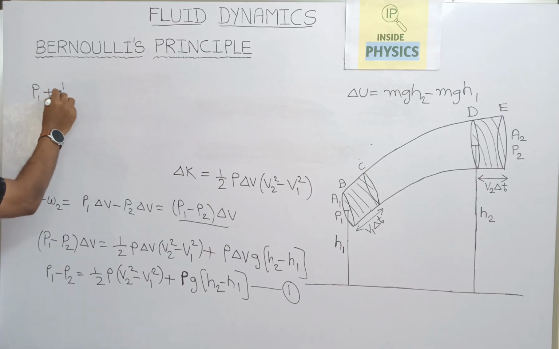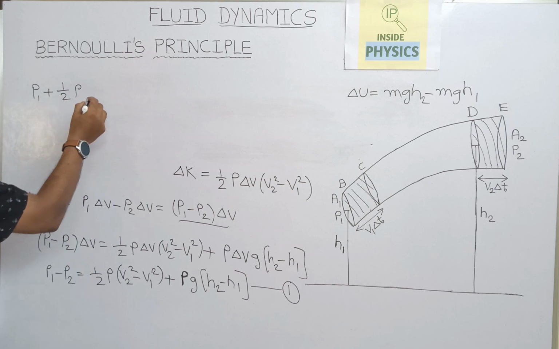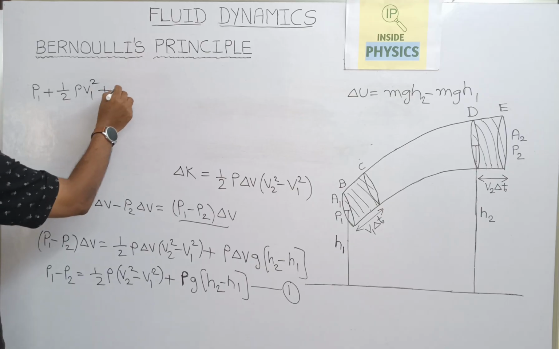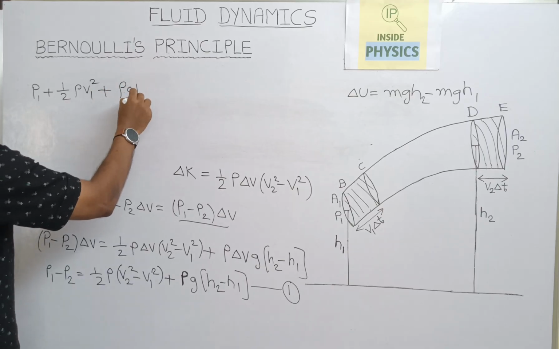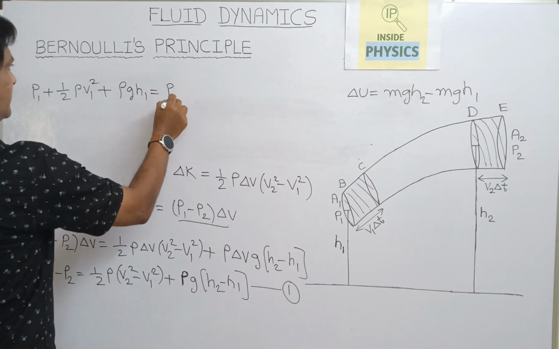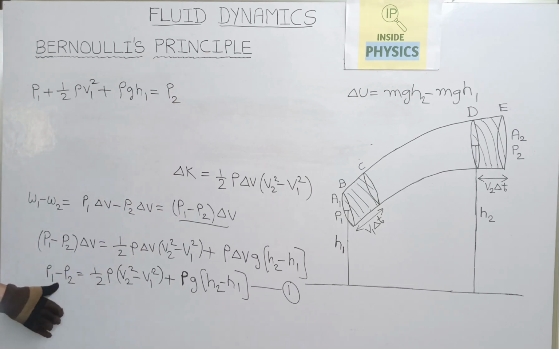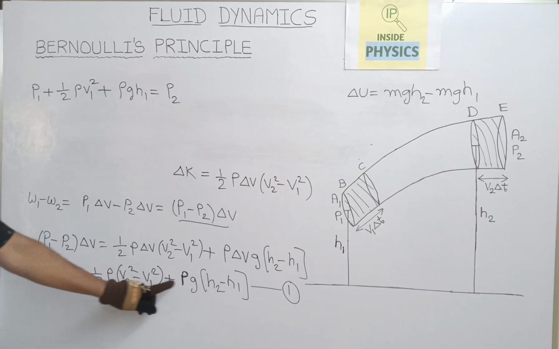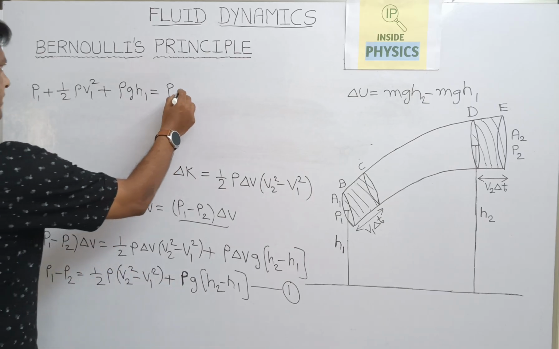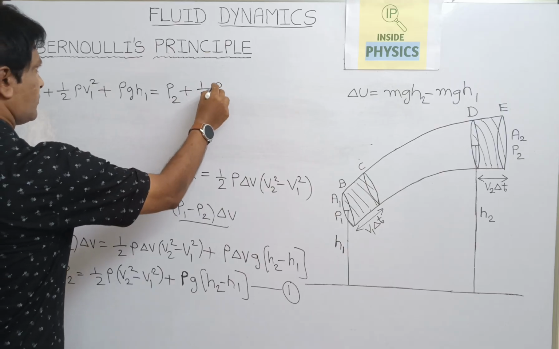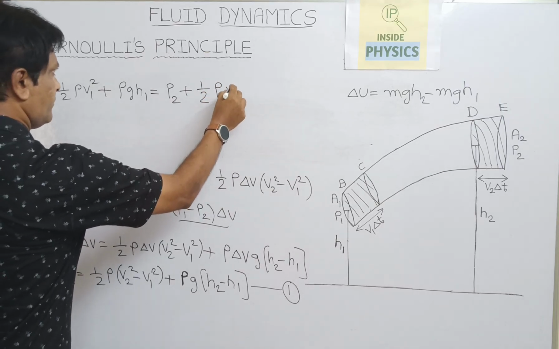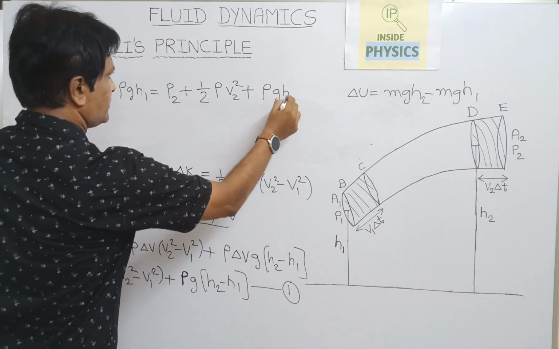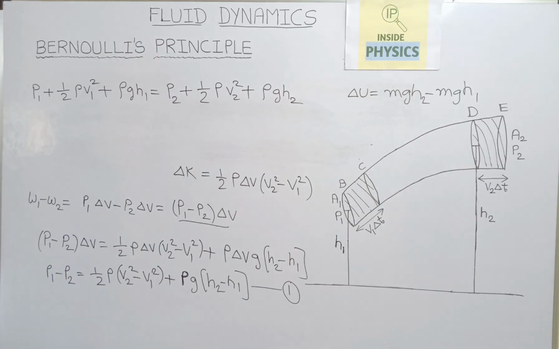P1 plus half rho v1 square plus rho g h1 is equal to P2, which is brought to the right side. So I can write P2 plus half rho V2 square plus rho g H2. So this is the relation we got.